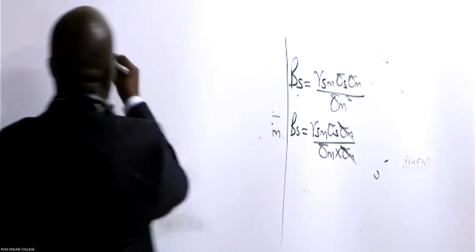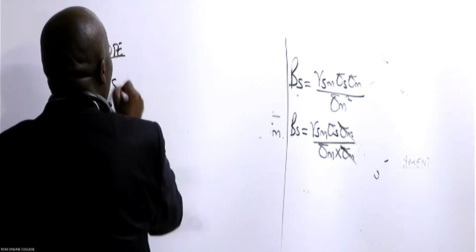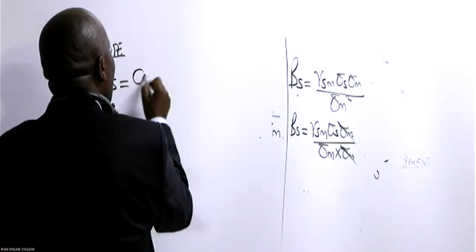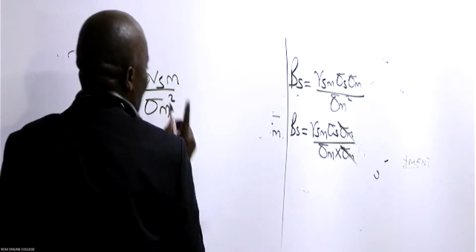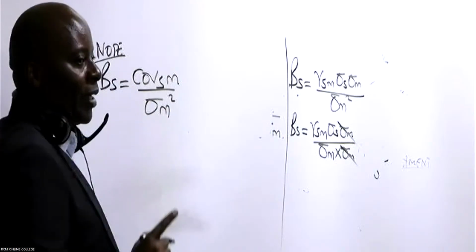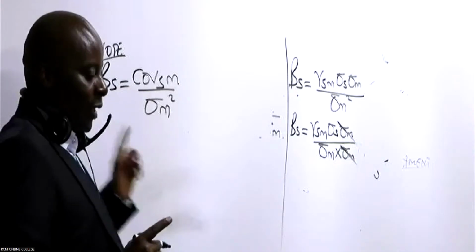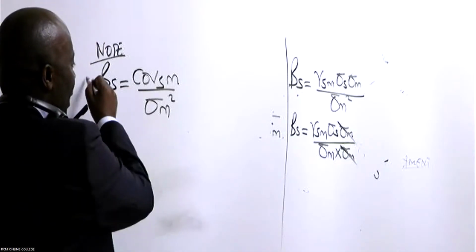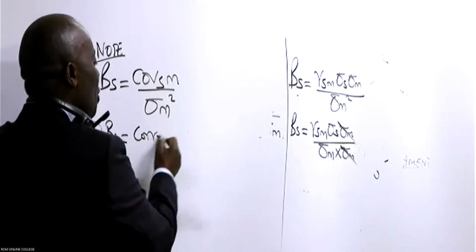Number one, to get beta of a security, you'll be taking covariance between S and M divided by the standard deviation of the market squared. We call this the covariance approach of getting beta. Number two, you can also use what we call correlation.